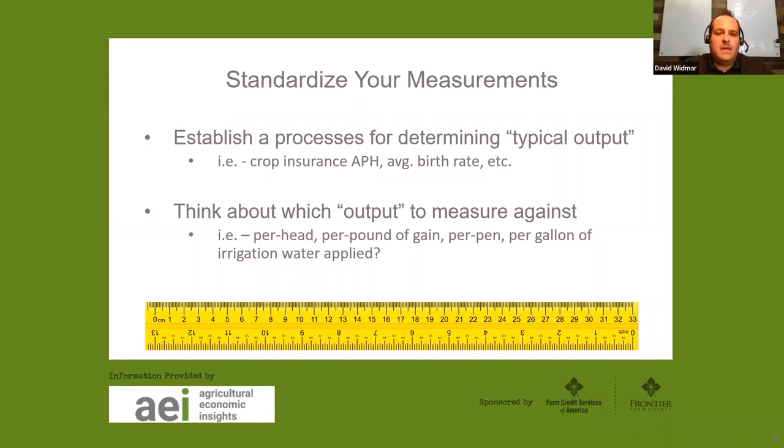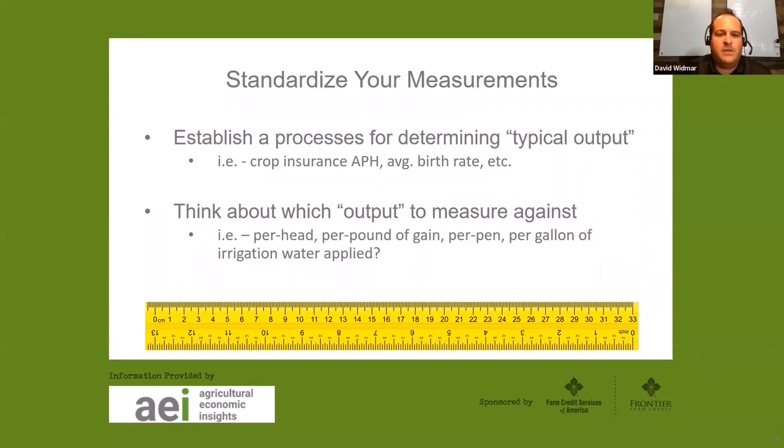So you want to spend some time establishing that process and document it a little bit. Leave yourself a few notes, so maybe next year there's some standardization. And as Brent was mentioning about comparing cash rental rates across farms, we do some benchmarking. Standardizing that can really help us make sure that we're being consistent.